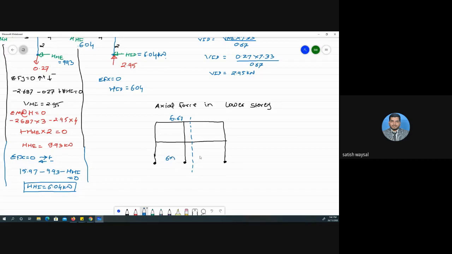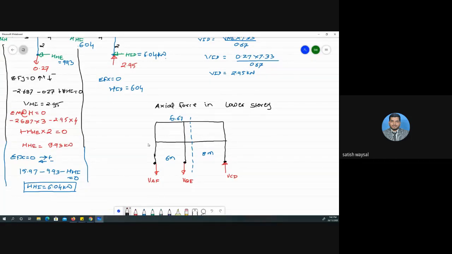This is 6 meter, the next distance is 8 meter. We have to locate these forces: this will be considered as downward and this as upward. We will name these forces VAF, the vertical force in AF, this will be VBE, and this will be VCD.